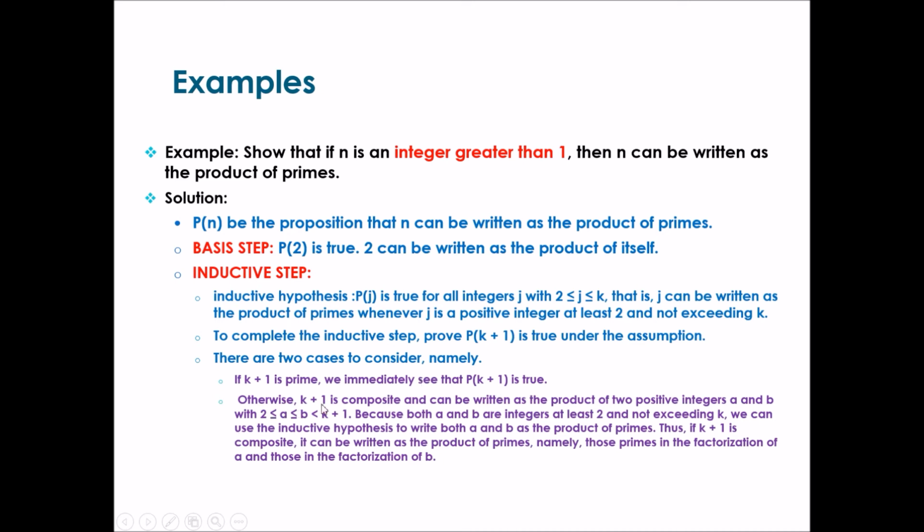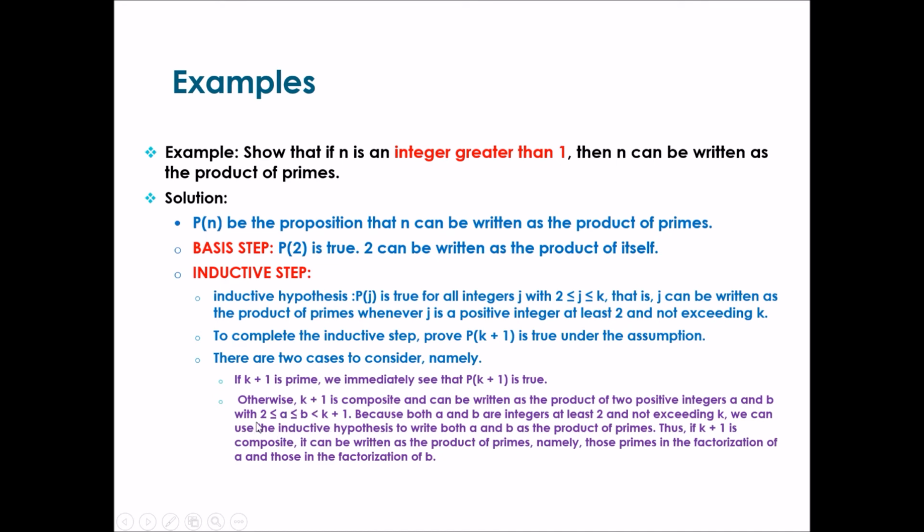And otherwise, if k plus 1 is composite, then it can be written as the product of two positive integers a and b, where a and b both are greater or equal to 2 and less than k plus 1. Okay, because both a and b are integers at least 2 and not exceeding k, we can use this inductive assumption.